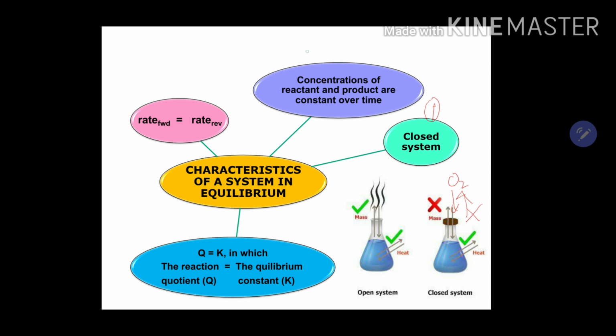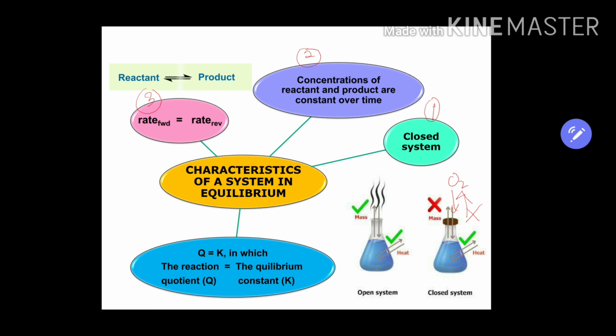The second characteristic is that the concentrations of reactant and product are constant over time. It is related to the third characteristic, where the rate of forward reaction is equal to the rate of reverse reaction, because the reaction rate depends on concentration.